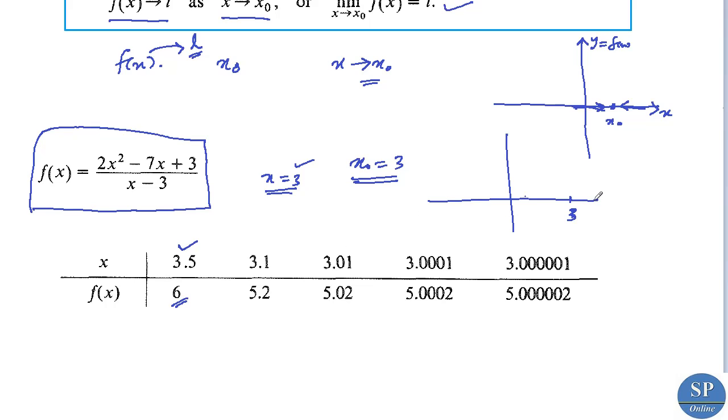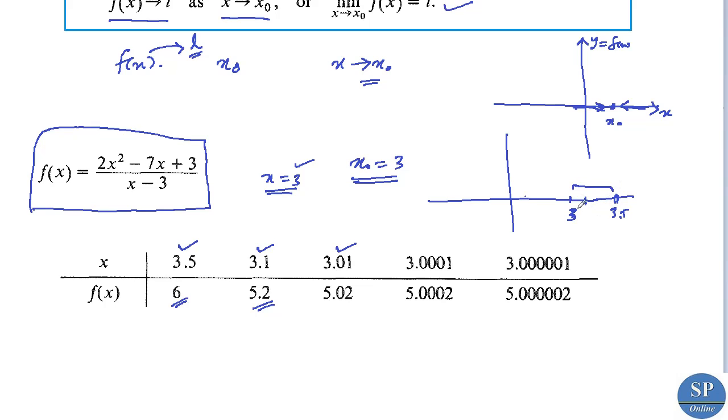So 3.5 will be like this. This is the point 3.5. Then we find the value at the point 3.1, so it will be here, and the value is 5.2. At the point 3.01 we are decreasing the distance between these points.